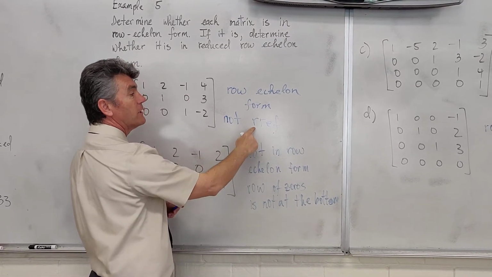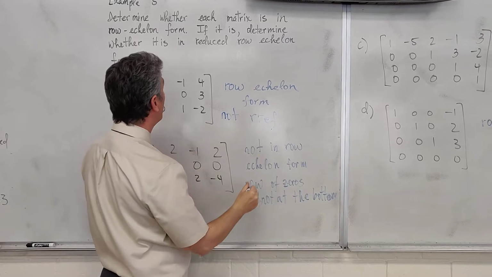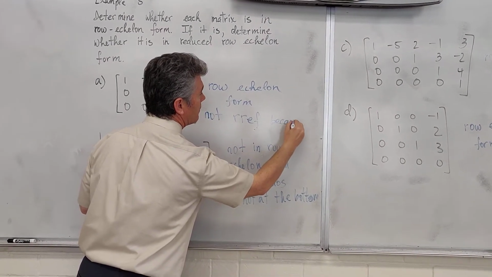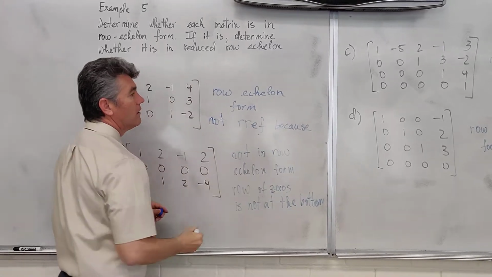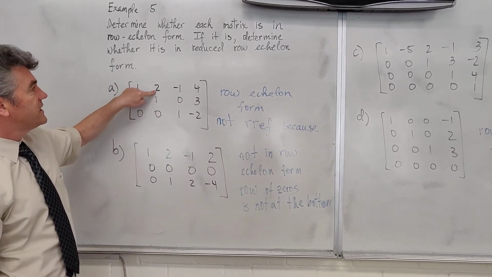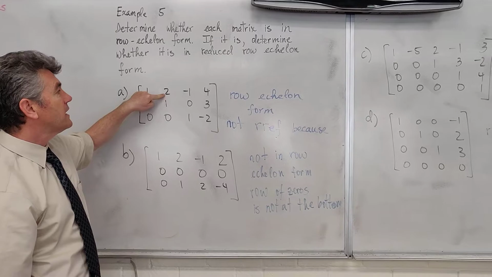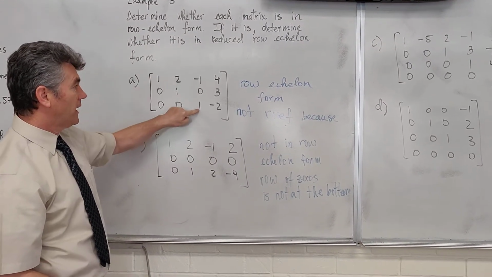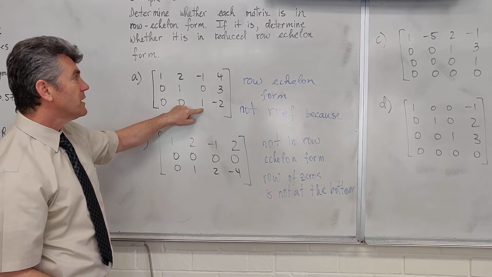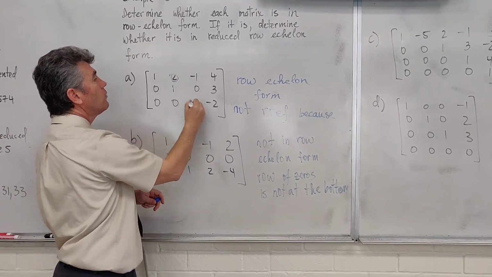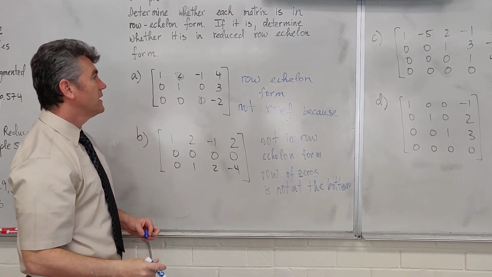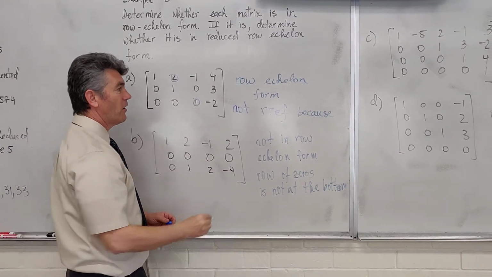RREF means reduced row echelon form. There are two problems here: this is a 2, and it's not supposed to be a 2. It's supposed to be a 0. And this one should also be a 0. So, had those two been zeros, the matrix would be in reduced row echelon form.